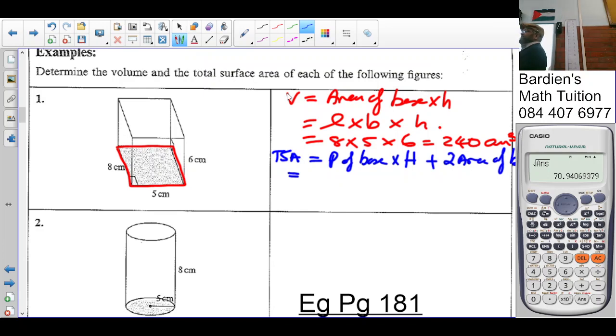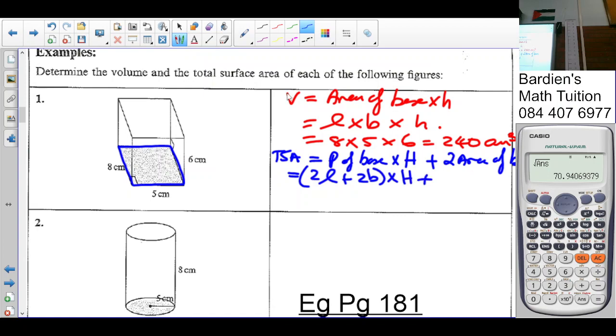The perimeter of this base, this is a rectangular base. How do you calculate the perimeter of a rectangle? 2L plus 2B times height plus twice area of base.